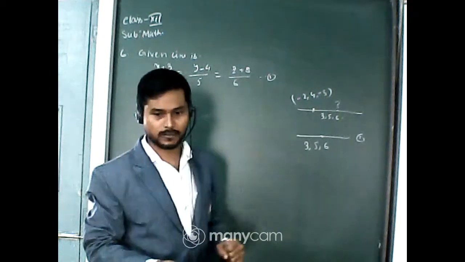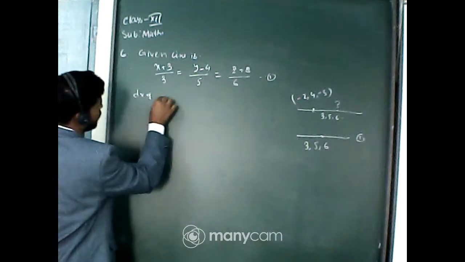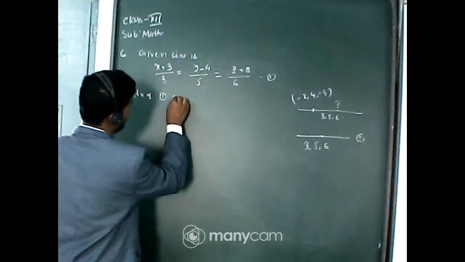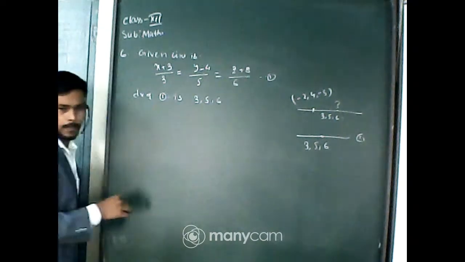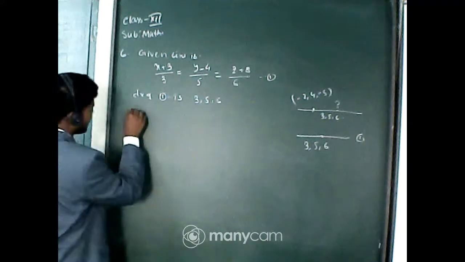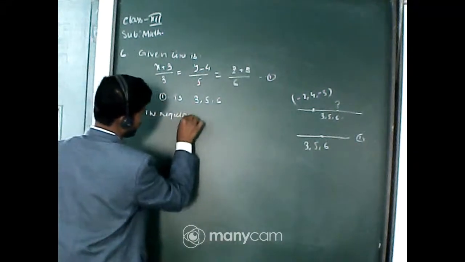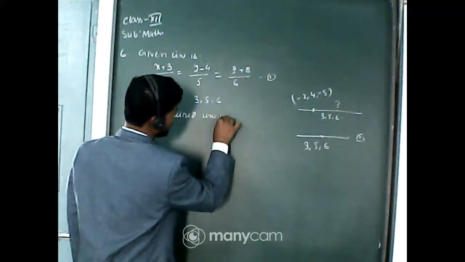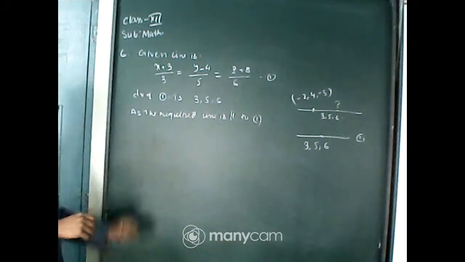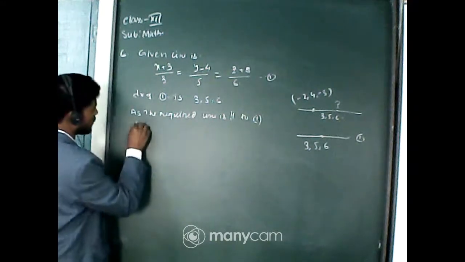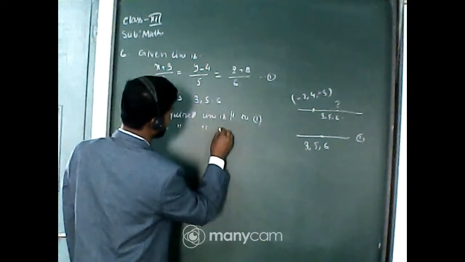So the direction ratio of equation number 1 is 3, 5, 6. And as the required line is parallel to equation number 1, the direction ratio of the required line will be 3, 5, 6.